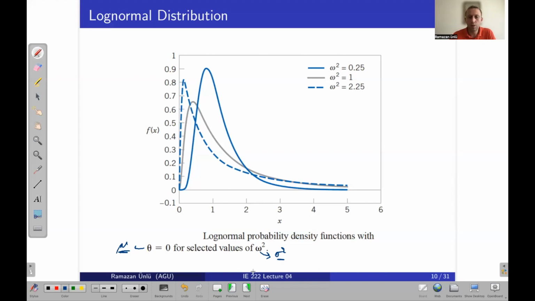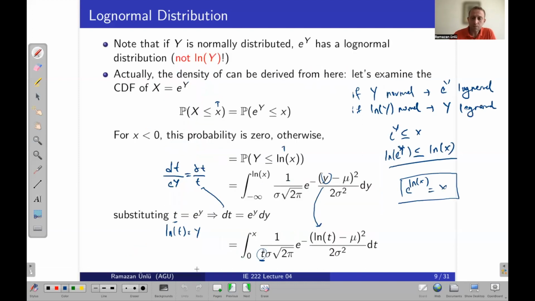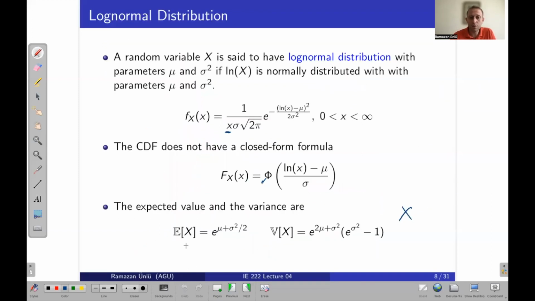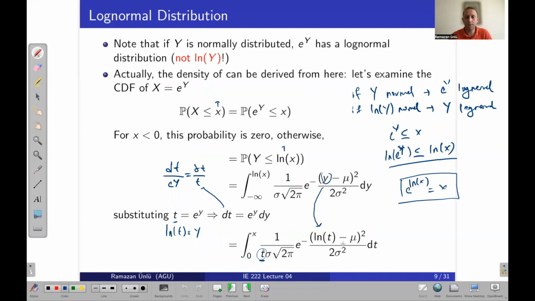But in this case, the given mu and sigma squared are not the expected value and variance of the distribution. Instead, the expected value of the log normal distribution is this one, and the variance is this one. Please don't be confused about this.